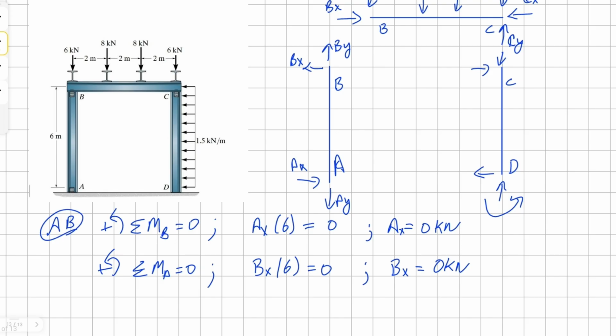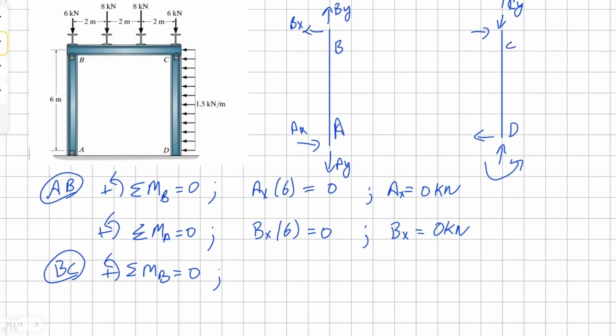And now we can focus on member BC before we do any other calculation, because our vertical component will be affected by member BC. I'm going to take moment about the point B. So we have a point load at 2 meters away with 8 kilonewton force, and it's counterclockwise.